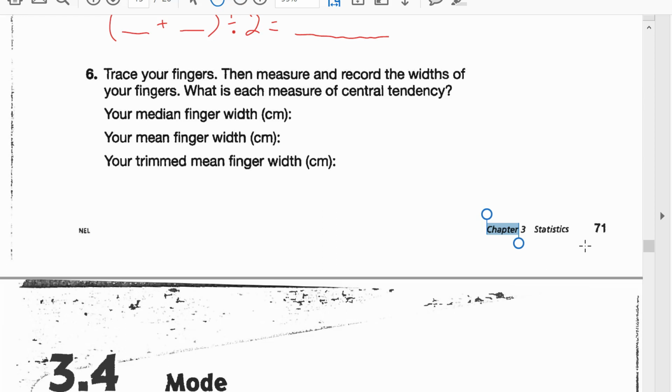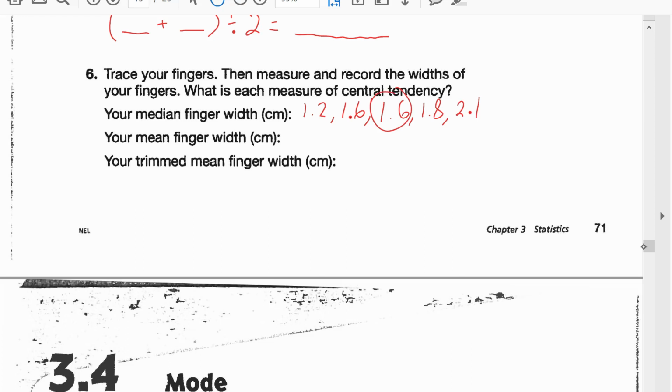Your median finger width, out of the 5 that I measured, I got 1.2, 1.6, 1.6, 1.8, and 2.1. So that would be my median.